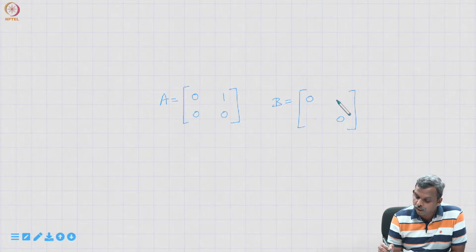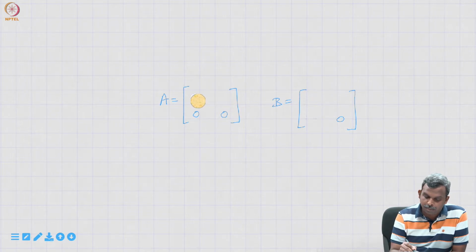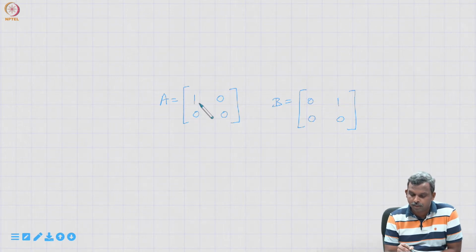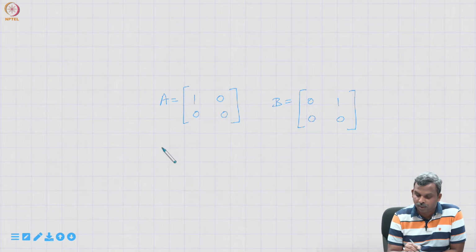This is a danger of cooking up examples on the fly. I don't want a 1 here, so maybe I need a 1 here. What happens if I put a 1 here? Okay, maybe I'll get this right. I think this is okay.